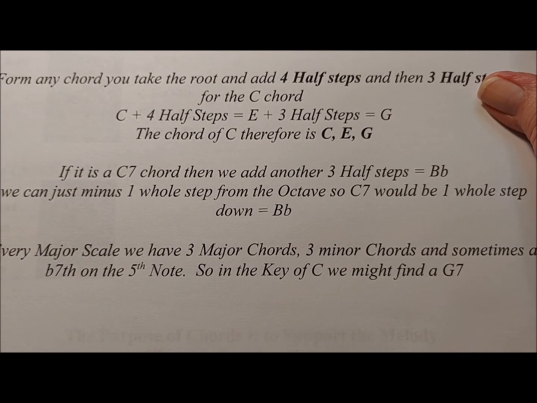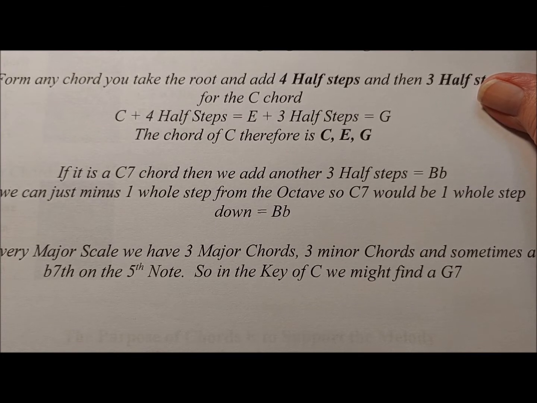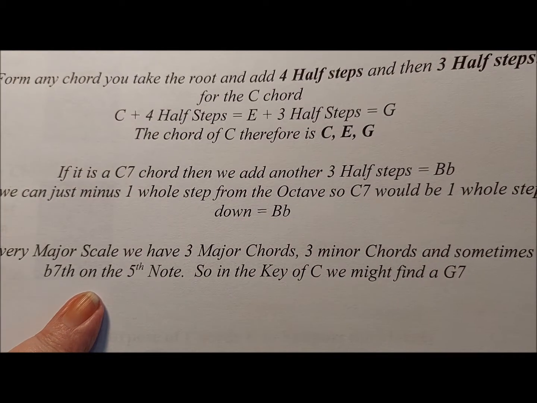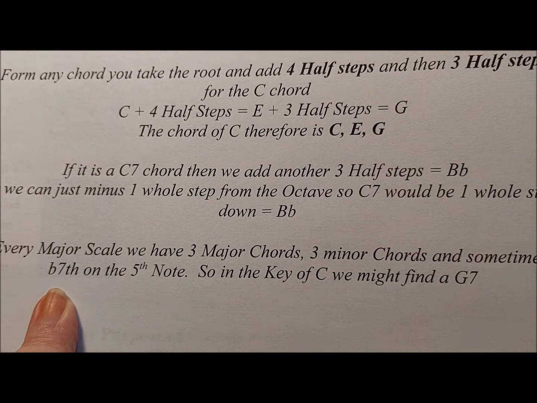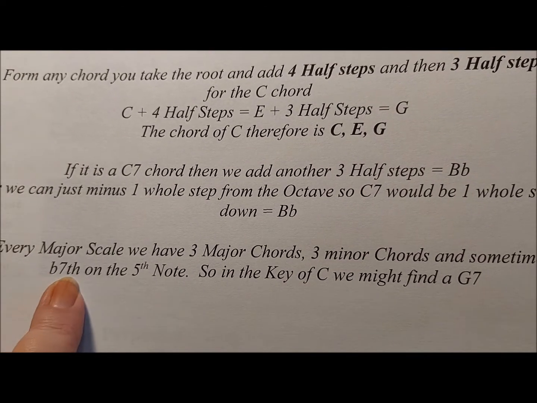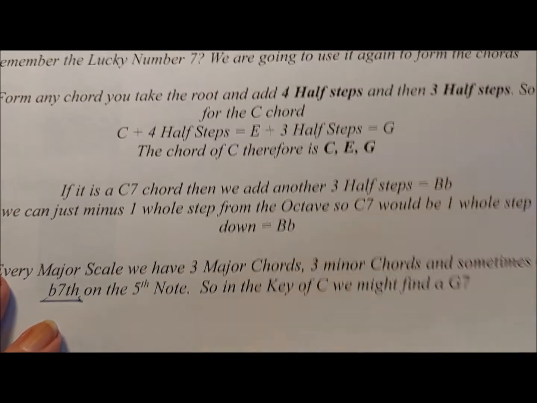In every major scale, we have 3 major chords, 3 minor chords, and sometimes a flat 7th on the 5th note. So in the key of C, we might find a G7. That's a flatted 7th. That's what that means, this little piece here. Flat 7th.